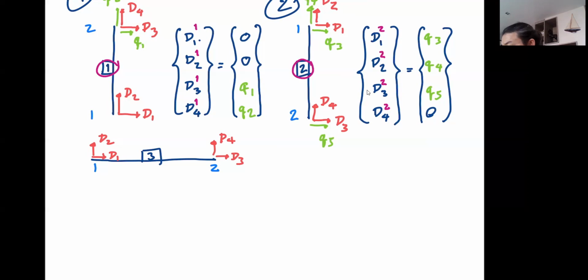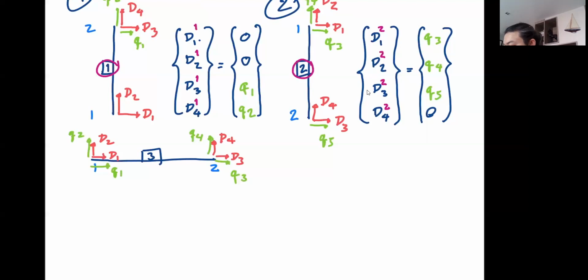Here, okay, this is Q1. This is Q2. This is Q3, and here is Q4.